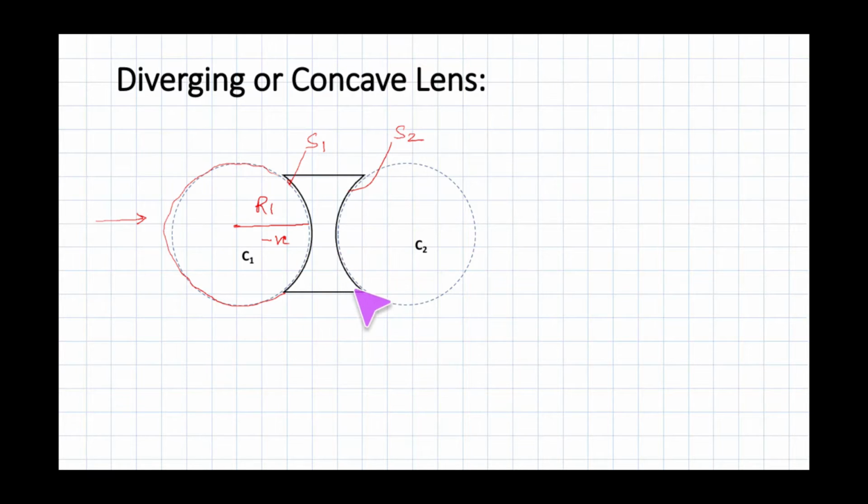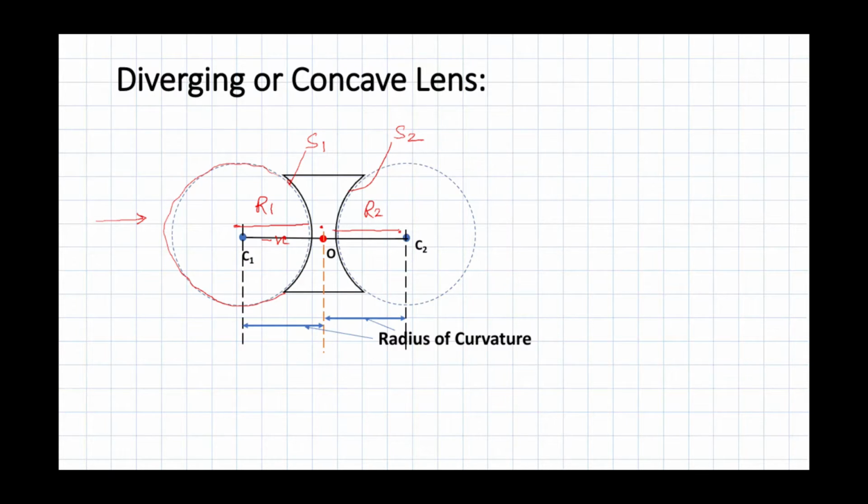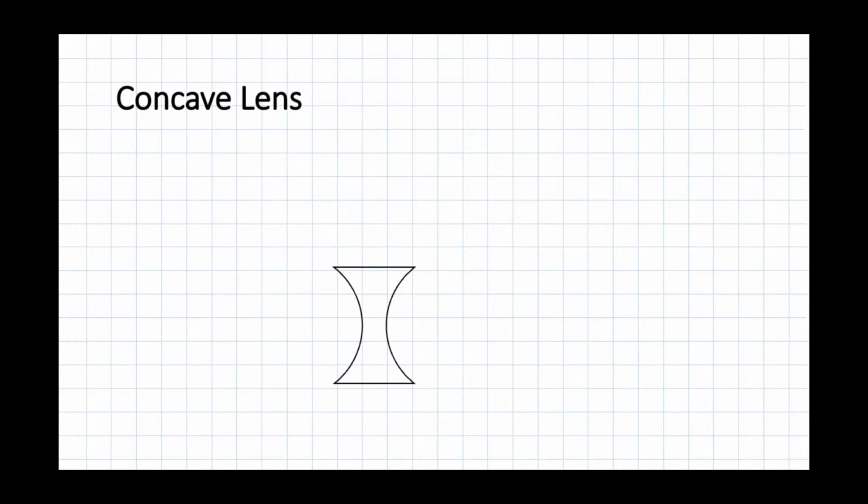Whereas for the second surface, the radius of curvature is from this center, and this is called R2, where R2 is treated as positive because it is to the right side of the optical center. So these are the centers of curvature C1 and C2, and these are the radii of curvature that we know.